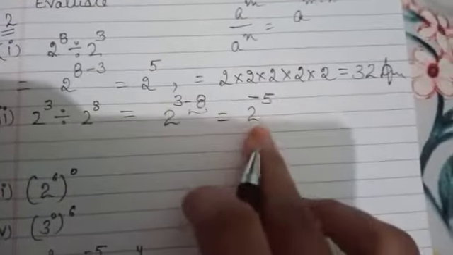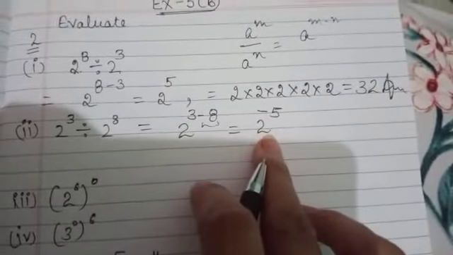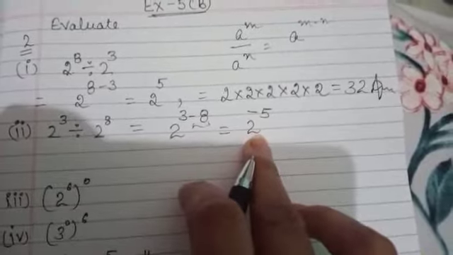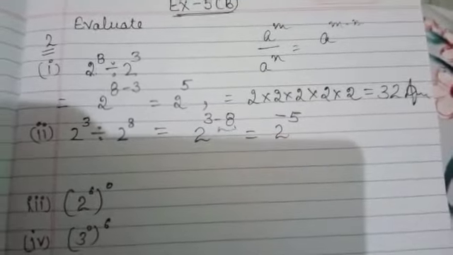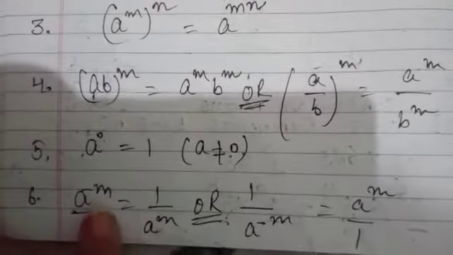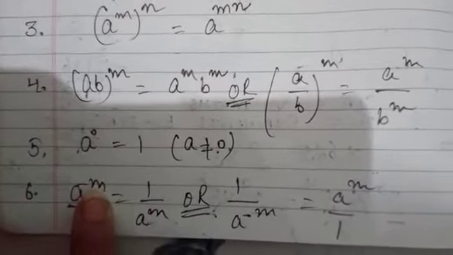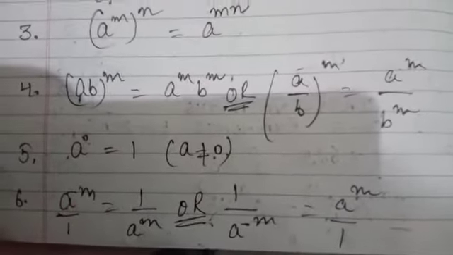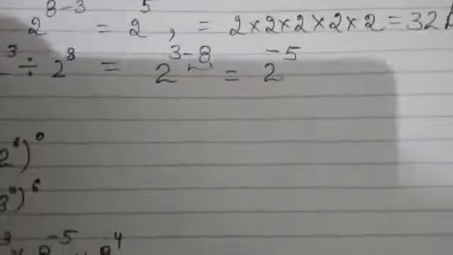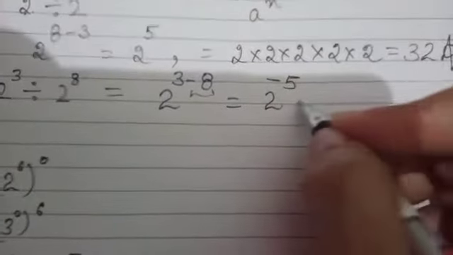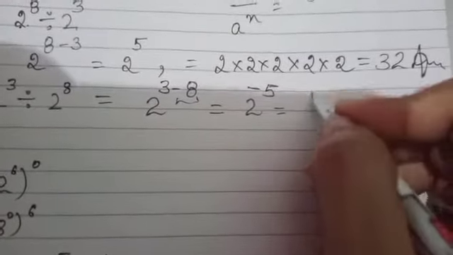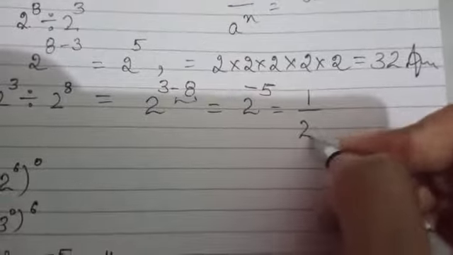So here one more property, one more law that we have discussed earlier in the previous video. If something is having negative power, we want to make it positive, then do its reciprocal. So it has the negative power. If we want to make it positive, we can do its reciprocal.